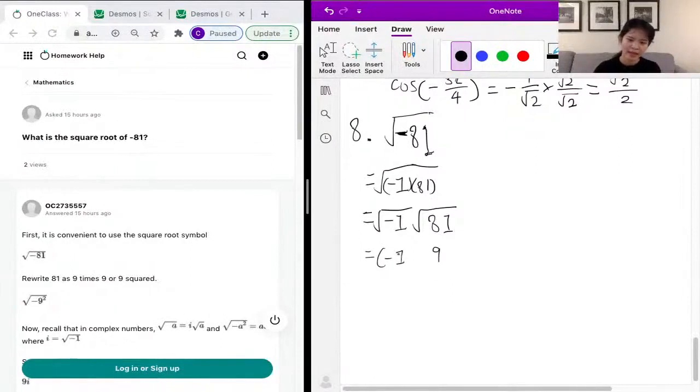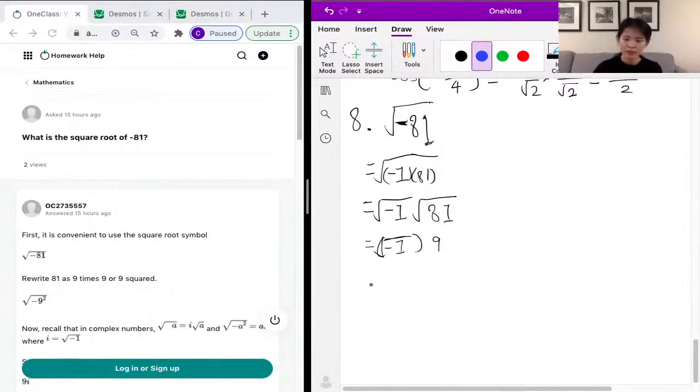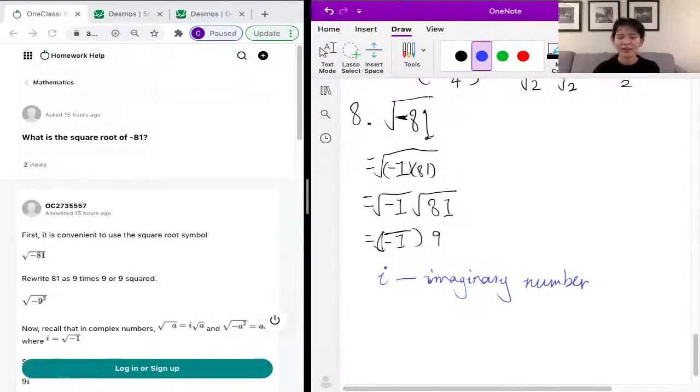special name, which is i. So i is called the imaginary number, which, just like its name, is not real, or it's not on the real number line.